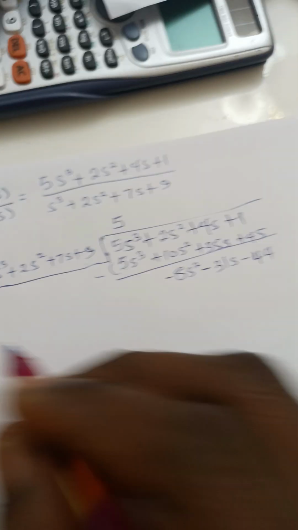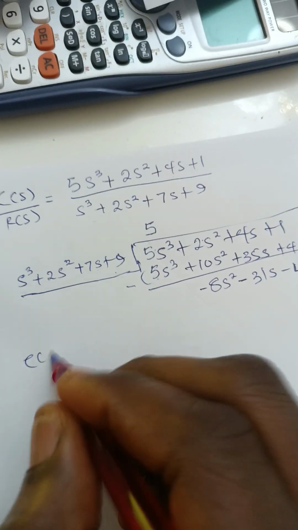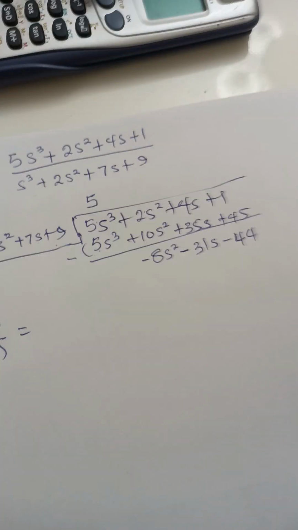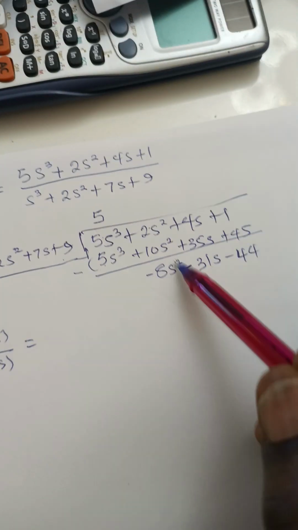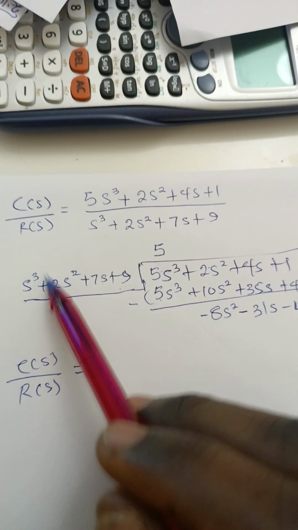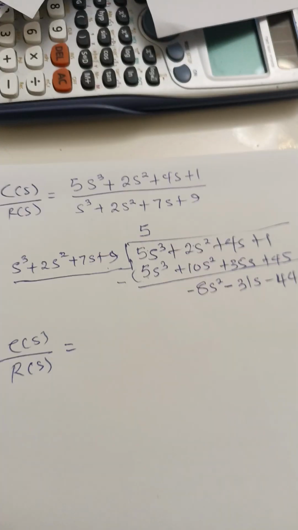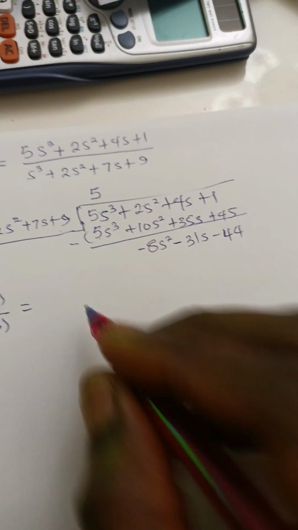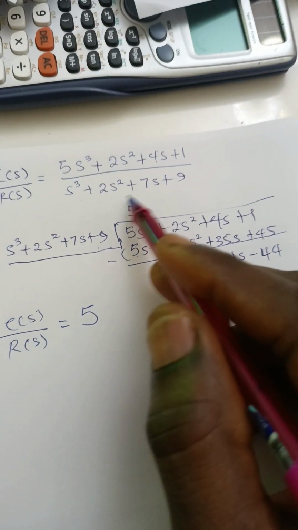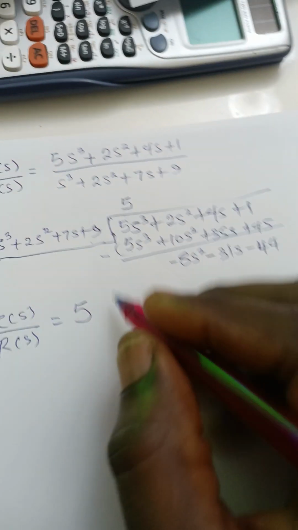So now that we have this, our C of S over R of S is going to be represented now. Since the power of this one is now less than the power of the divisor, it is now in proper fraction form. So we are going to represent it as the value that we obtained, which is our quotient.